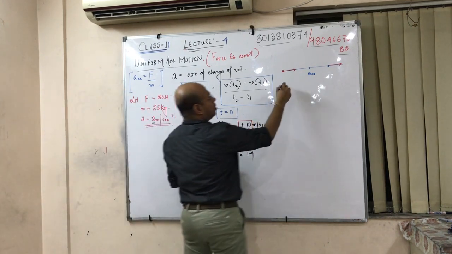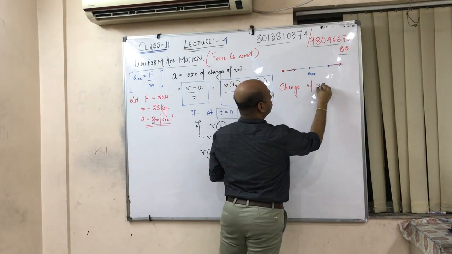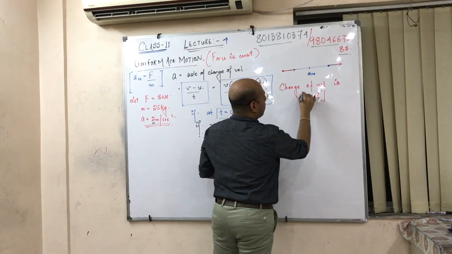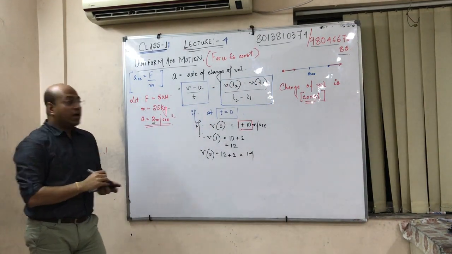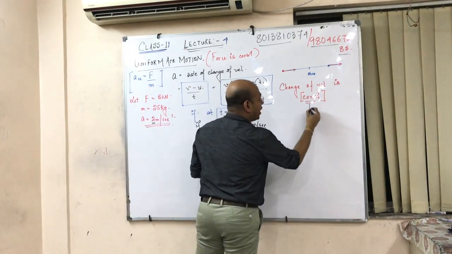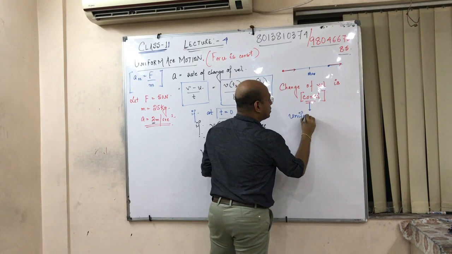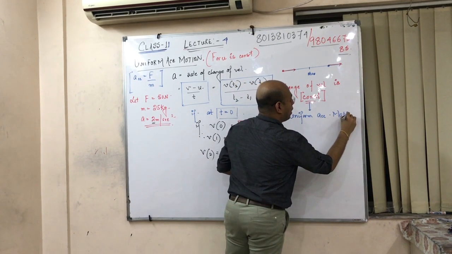So change of velocity is constant. It means velocity is changing, but by a fixed value. Whenever the change of velocity is constant, then only the motion is uniform accelerated motion.